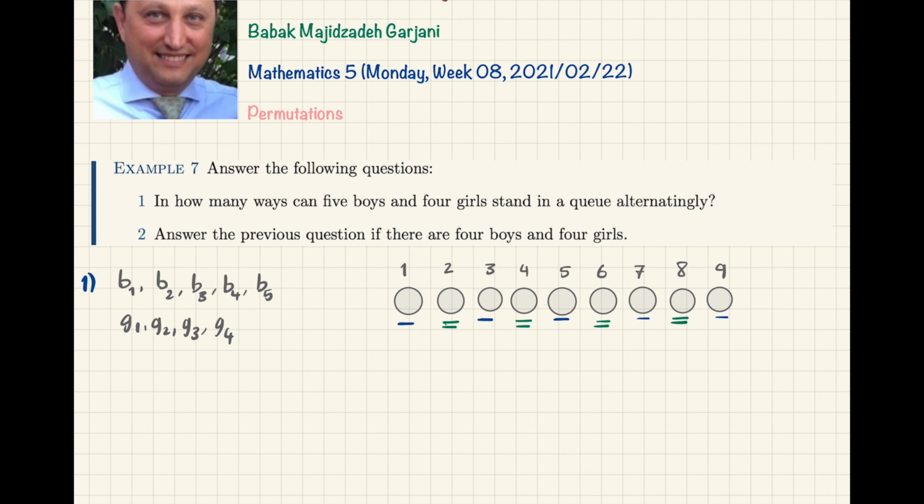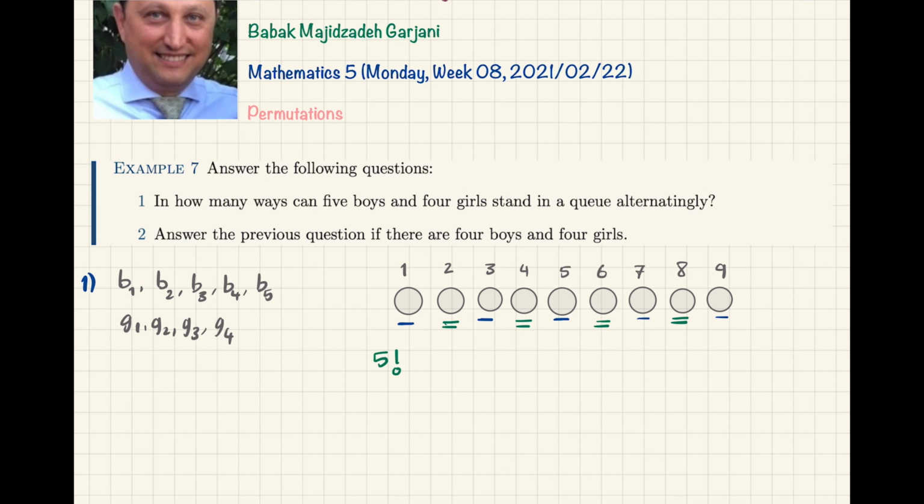I would say that stage 1 is arranging the 5 boys on odd positions, odd positions 1, 2, 3, 4, 5. They are 5 distinct positions labeled with distinct odd numbers, and I have 5 objects. So the first stage can be done in 5 factorial ways.